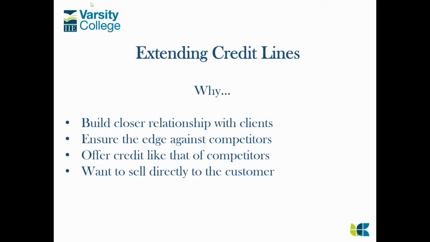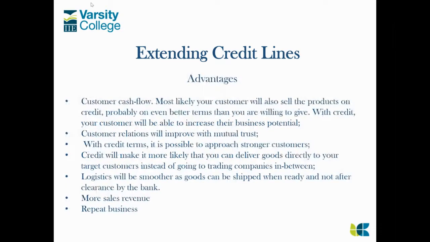Instead of us going through a Clicks or a Pick and Pay to sell whatever product we are selling, we can make our terms more favorable to the average customer, so that as opposed to buying these things from these retailers, they can come directly to us. That would be another reason why we might offer credit.